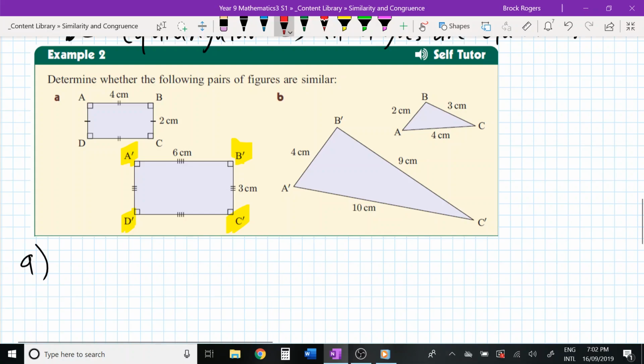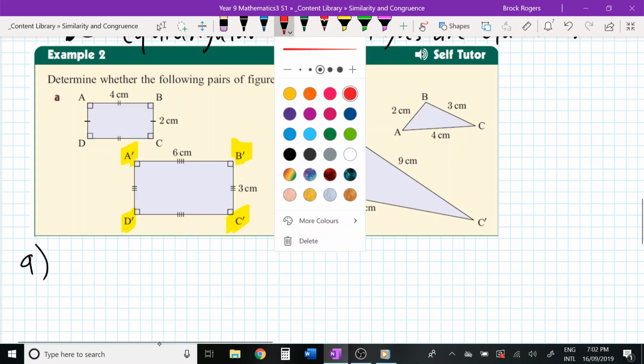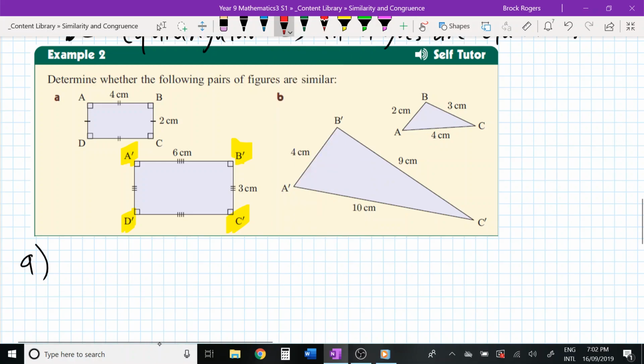What we are going to do is look at the ratio between the lengths of the after and before. If I'm having a look at the top length of this shape and looking at the scale factor, 6 and 4, you see that I have a scale factor of 3 over 2.